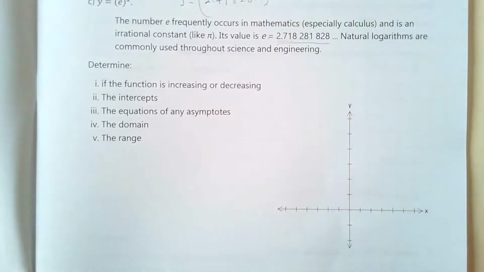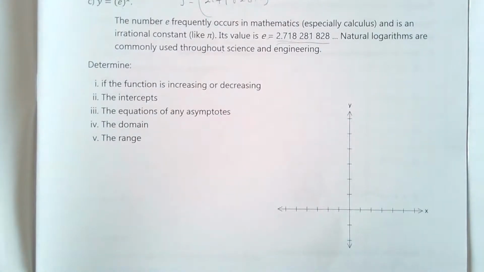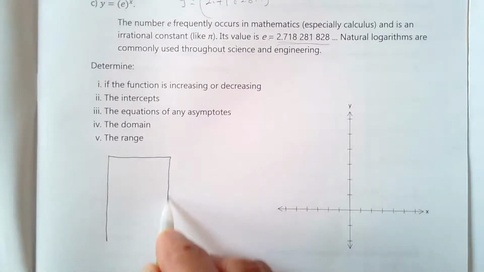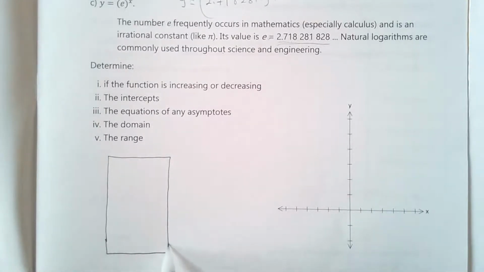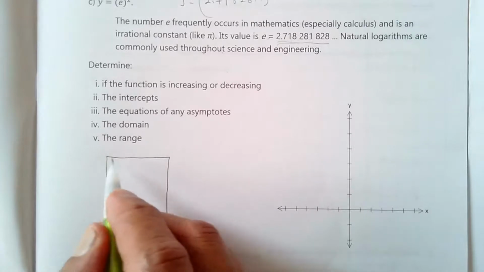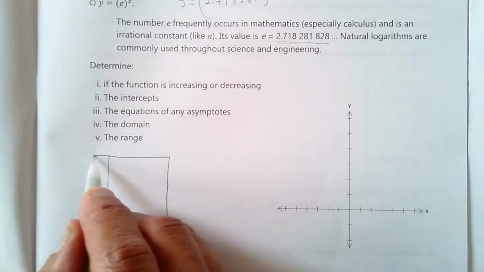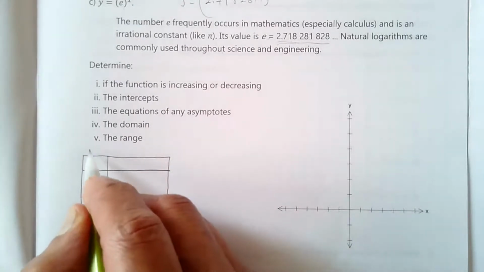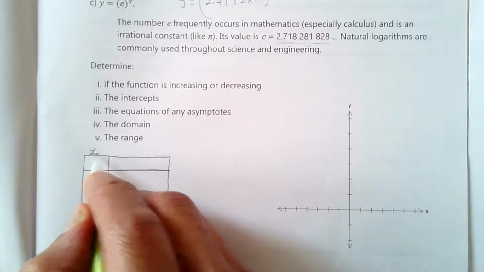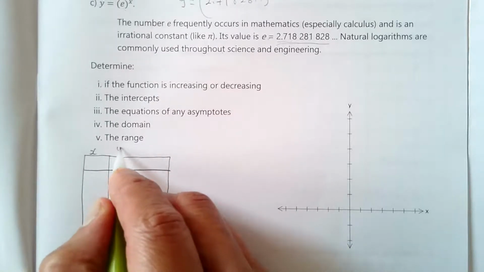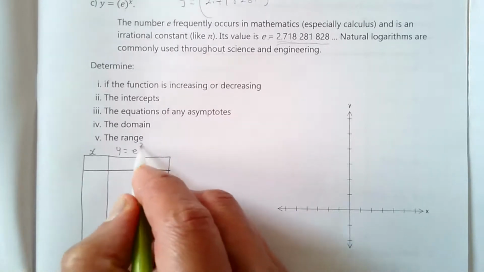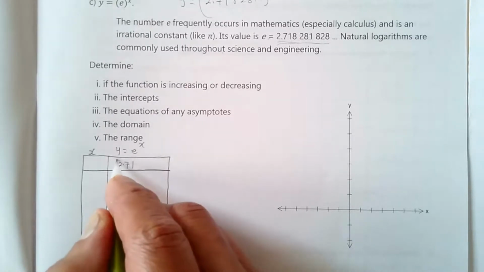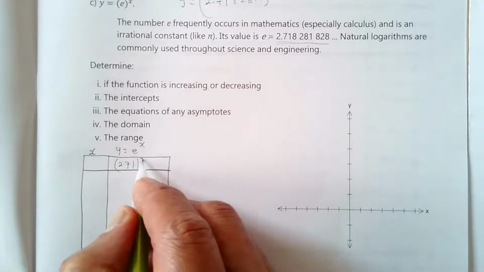If you want to create a table of values for this, and do a wonderful table of values, and this will be an approximation where we have our x and our y is equal to e to the x, which is basically 2.71, I'm just approximating it here, to the x.